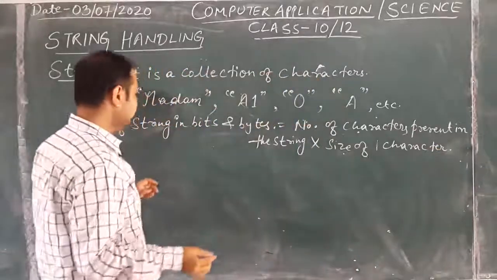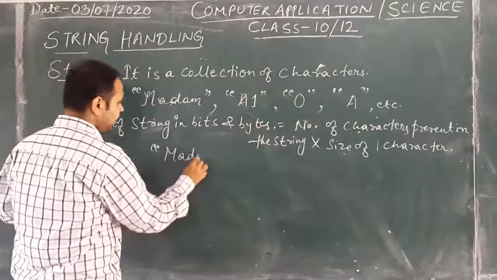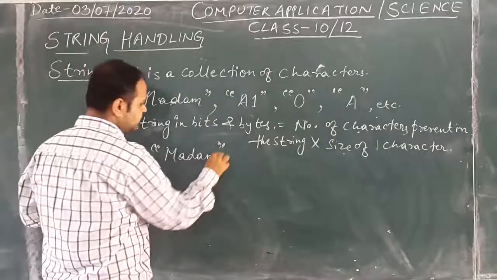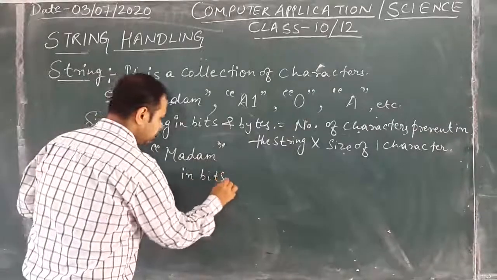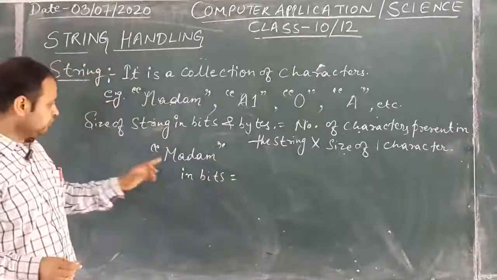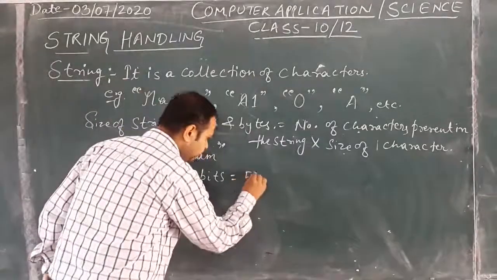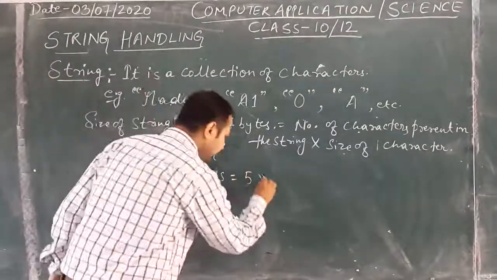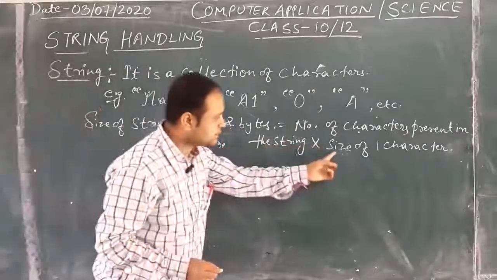For example, suppose I take the string "madam" and I want to find the size of this particular string in bits. How many characters are there? You can find here 1, 2, 3, 4, 5. So we have 5 characters multiplied with the size of one character.